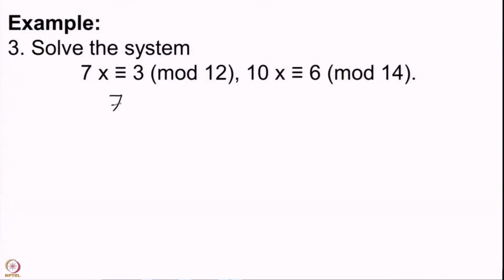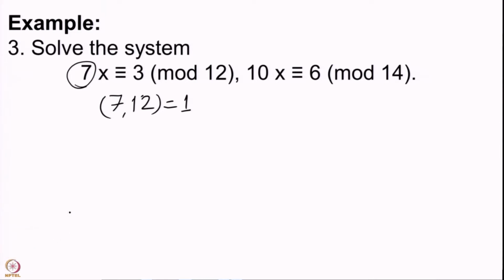Let us work each of these two linear congruences separately and see what we get. In the very first we see that 7 and 12 are co-prime, and therefore this system does have a unique solution modulo 12, and this unique solution is obtained by simply multiplying by the inverse of 7 to the left hand side.